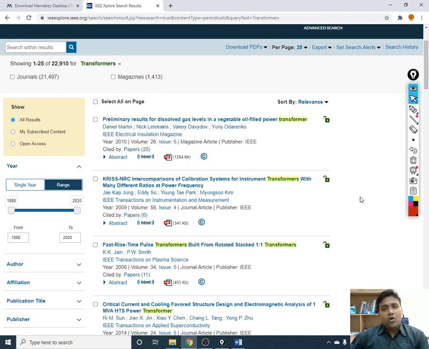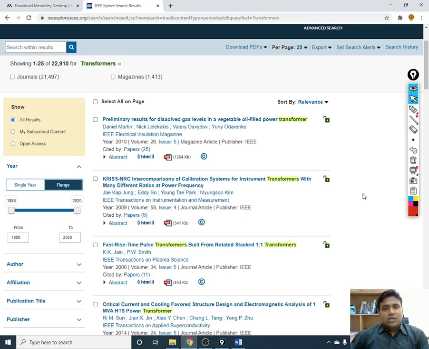Even though there are some conferences where papers are published, I suggest that when you start your research, do not rely on conferences because they are not reliable. It is better to start from a journal, and IEEE Transactions are the best papers from which you can start your research.